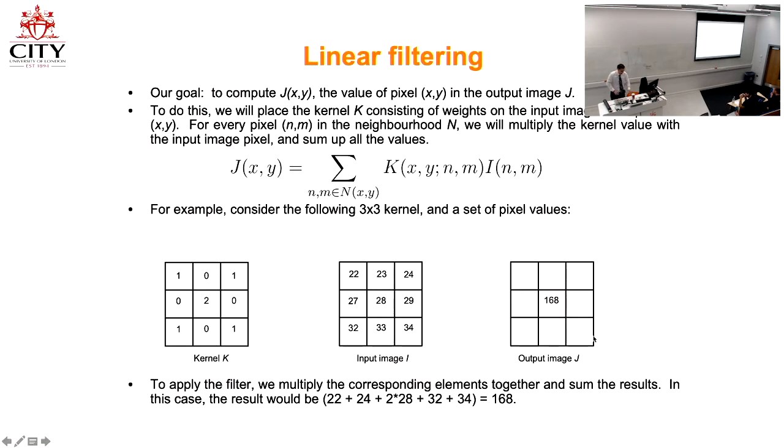So if I have a big image, this is just a very tiny example. Let's say my image is this big, say an 8 by 8, and I have a kernel which is 3 by 3.